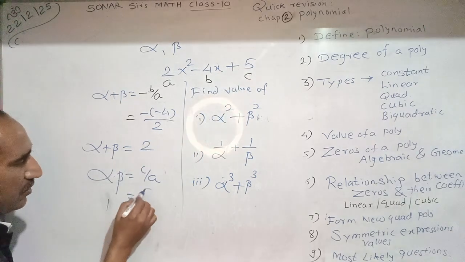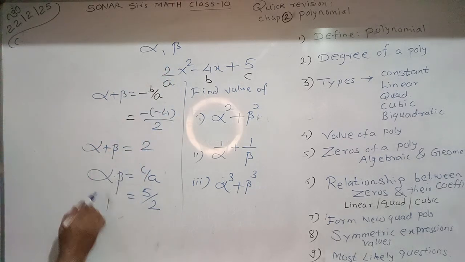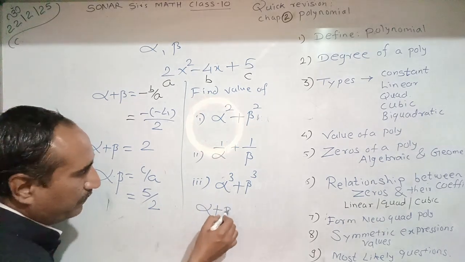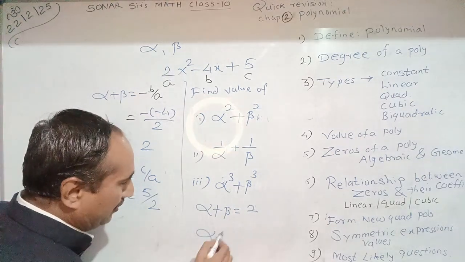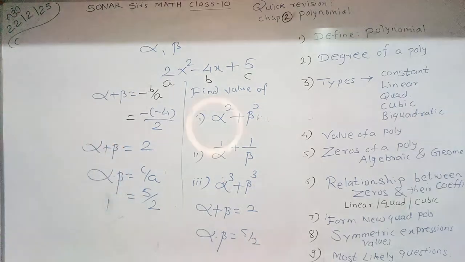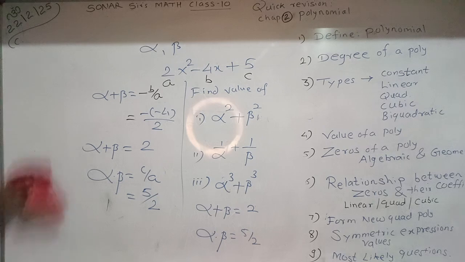The constant term c is 5 and the coefficient of x square, a, is 2. So alpha into beta is 5 upon 2. We'll write this down aside for reference: alpha plus beta is 2 and alpha into beta is 5 by 2. So let's find the first value, alpha square plus beta square.